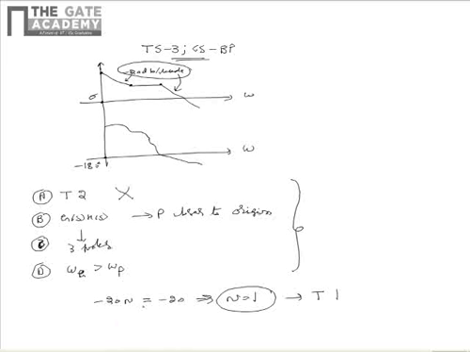Also, from the magnitude plot, we see that the Bode magnitude plot becomes flat after some time. So from this, we can say that initially there is a pole at 0. Then in the increasing order of omega, there is a pole, and after that there is a 0, and after that there is a pole, because the steady state decay is -20 dB per decade.